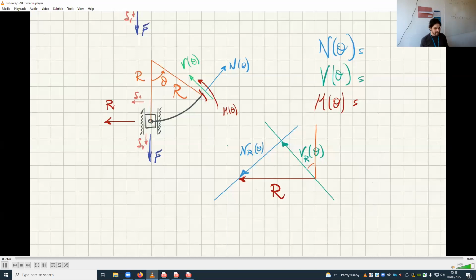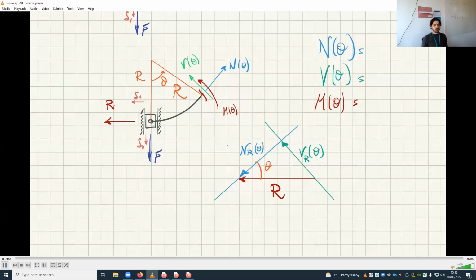But you know that if this is this, this must be this. You agree with me? Because theta is made by the vertical and the shear, but theta is also made by the perpendicular to the vertical and the perpendicular to the shear. It's just rotating this angle 90 degrees. That's what I'm doing.